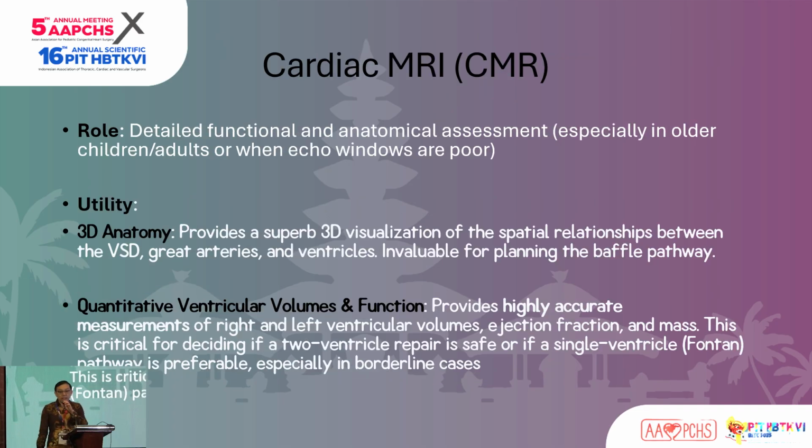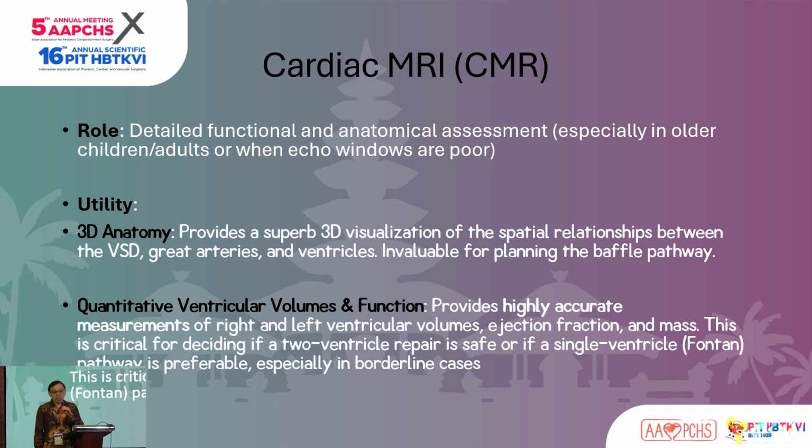Okay, cardiac MR is the next one. If echo does not show the anatomy that well, it allows us to detail the functional as well as anatomical assessment, provides a good 3D visualization for spatial relationship, and is invaluable for us to plan the baffle pathways.